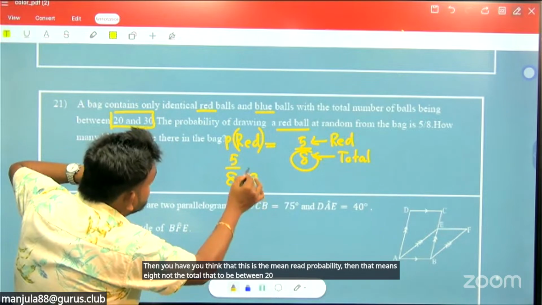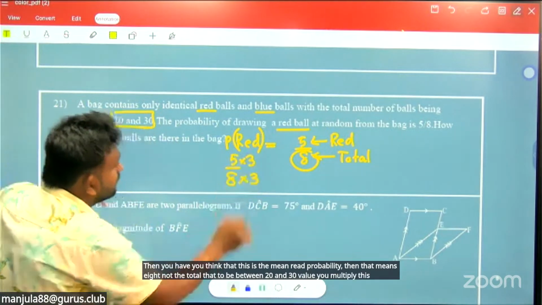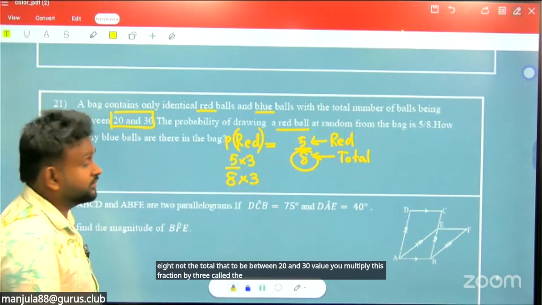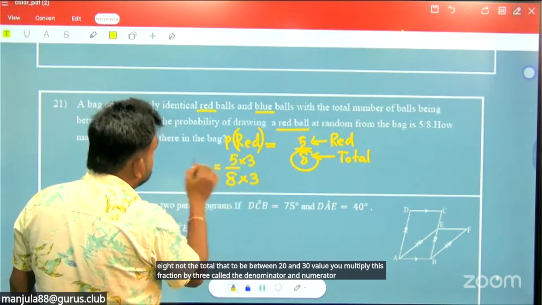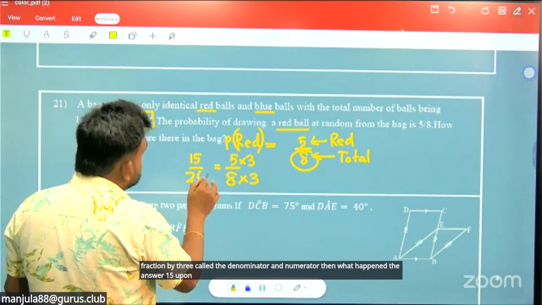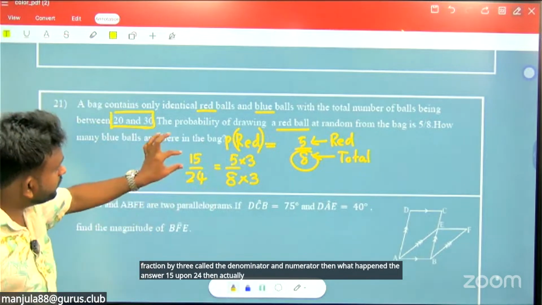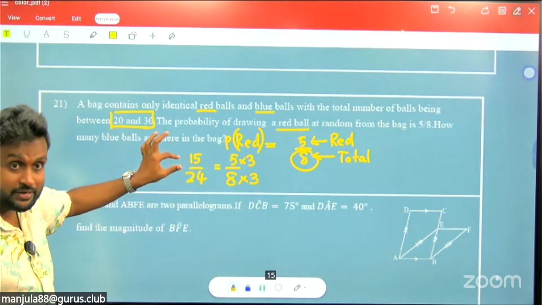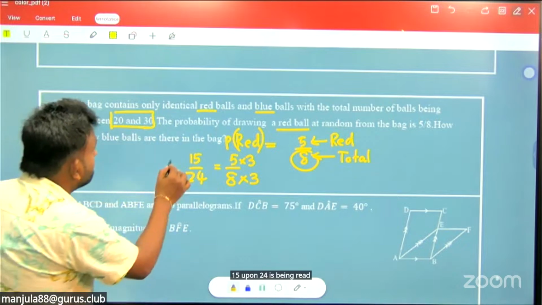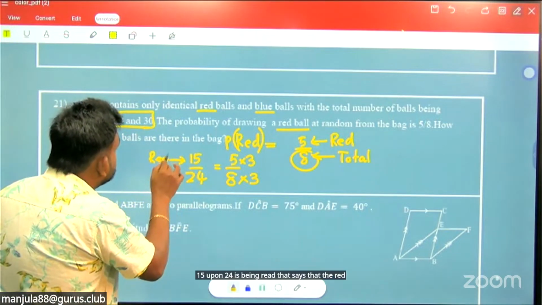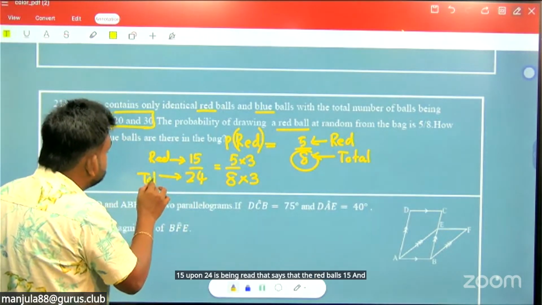You multiply the numerator and denominator of this fraction by 3. Then the answer is 15 upon 24. So actually 15 upon 24 is the red probability, which says the red balls are 15 and the total balls are 24.